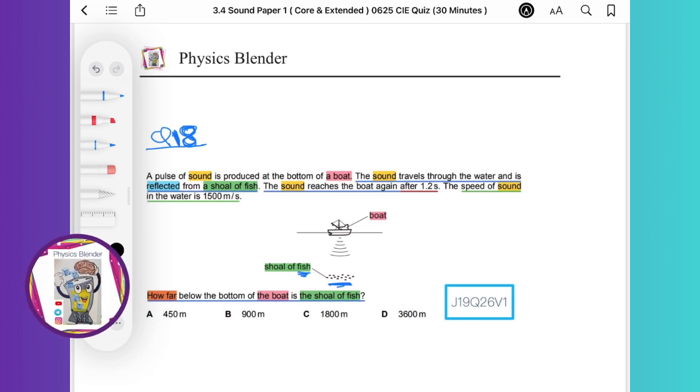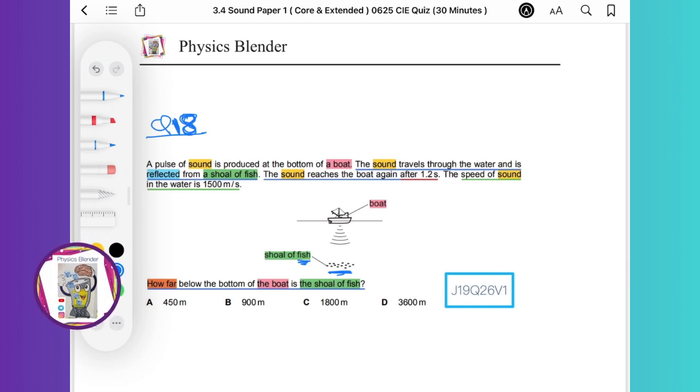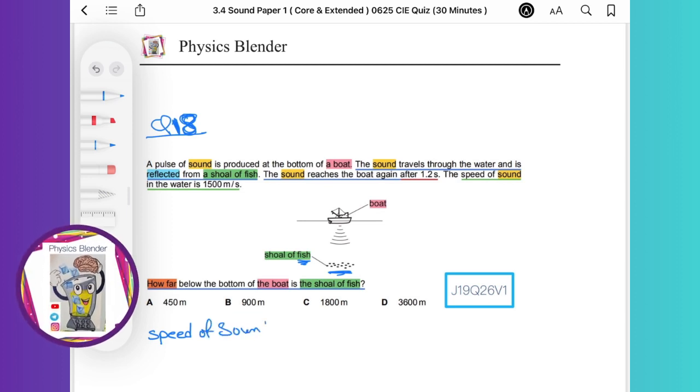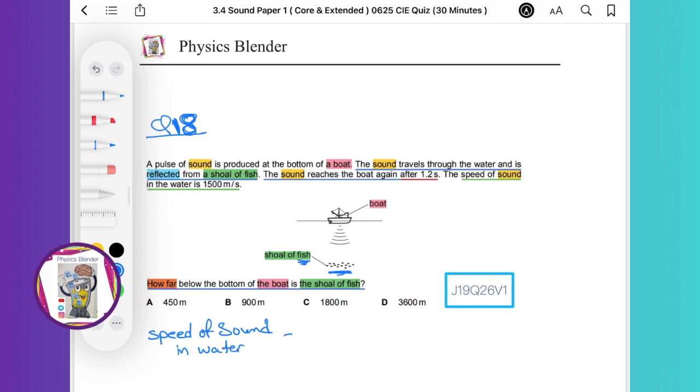Okay, we will apply the equation we are using about the speed of sound in water, which is equal to twice the distance.